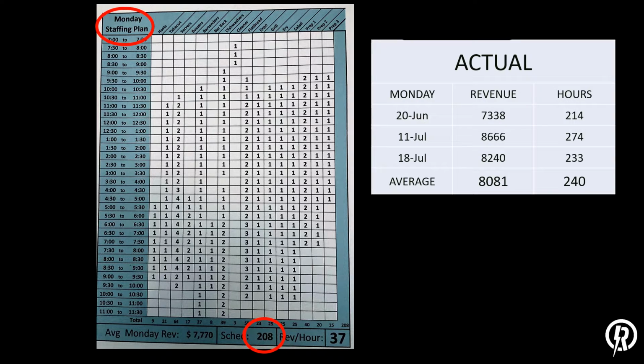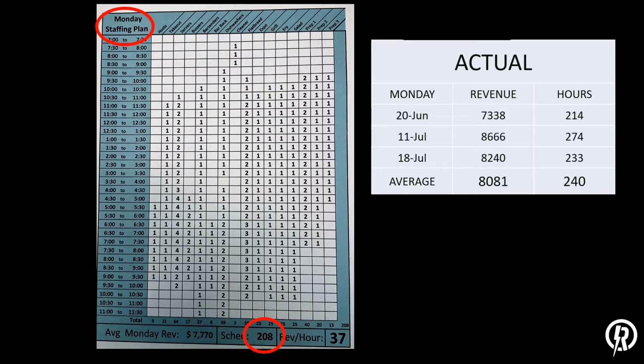Now, let's take a look at what happened over 3 Mondays in this example. On the 20th of June, we did 214 hours, above the plan. Oh my goodness, what happened in July? July 11th, we did 274 hours. That's crazy. Now July 18th, not as bad as July 11th, but not so great either.